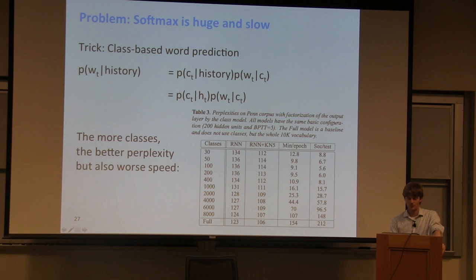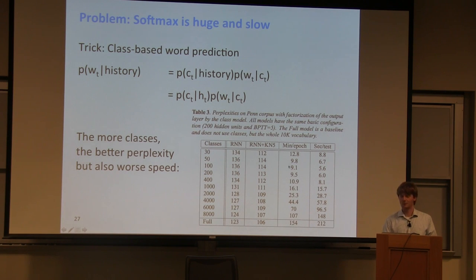So we compute the probability of the next word given the history. The history is now just our hidden state H in this factorization. We first compute the class given the history, and then we compute the probability of that word given that class. That makes things a lot more efficient.